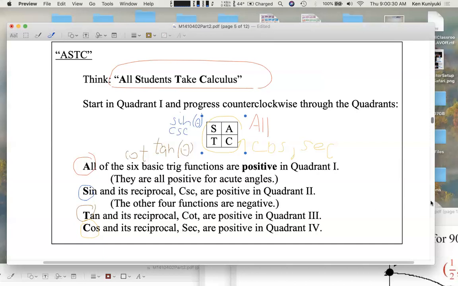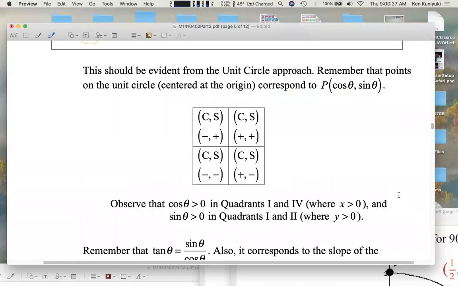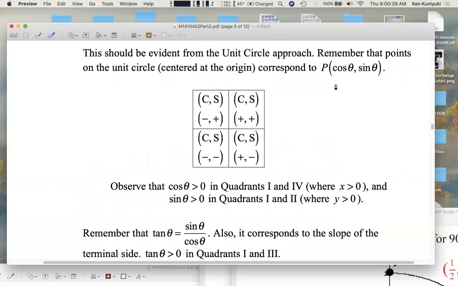Let's apply these ideas. And actually, before that, let's explain why ASTC works. Let's do that first. Okay, so remember that if you have the unit circle, pretend that's a circle.